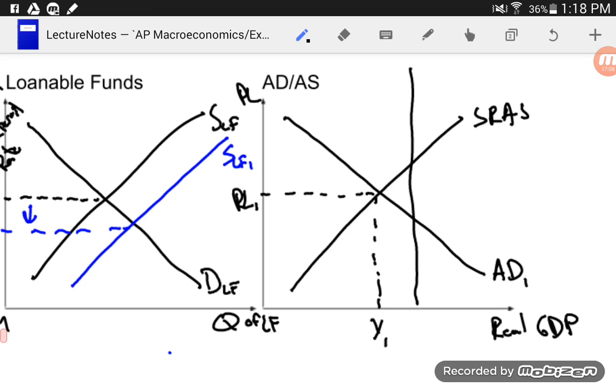The point of increasing the money supply was hopefully to increase aggregate demand, because businesses are more likely to borrow money to invest because it's really cheap to, and so the hope there is to increase aggregate demand, get us back to full employment.